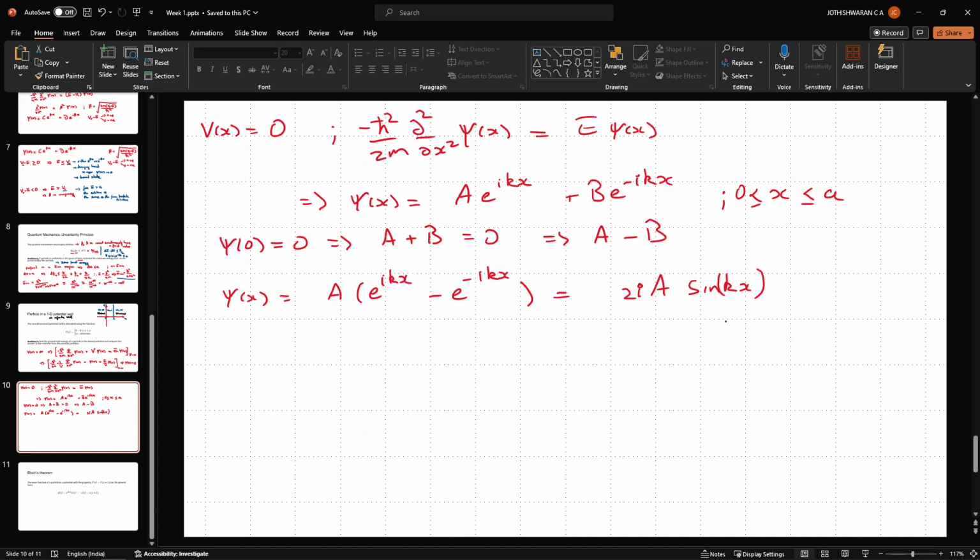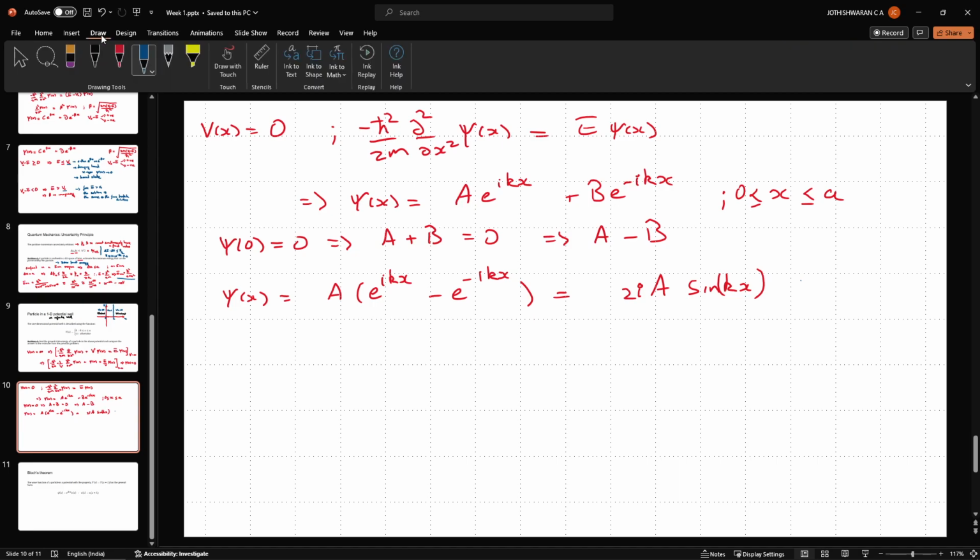Now, what about this factor of iota? What is it going to give me? Iota can be neglected. So this quantity over here can be neglected.